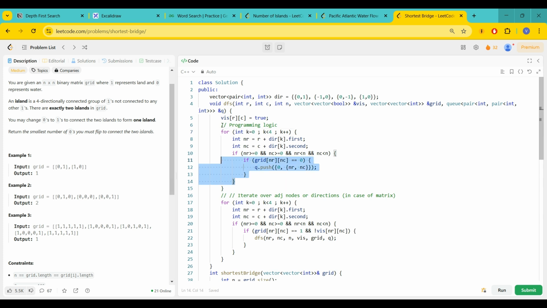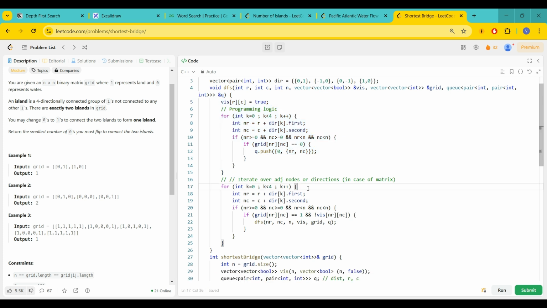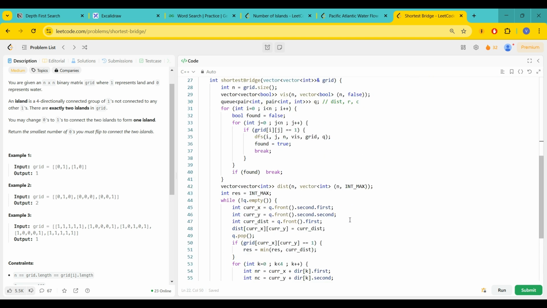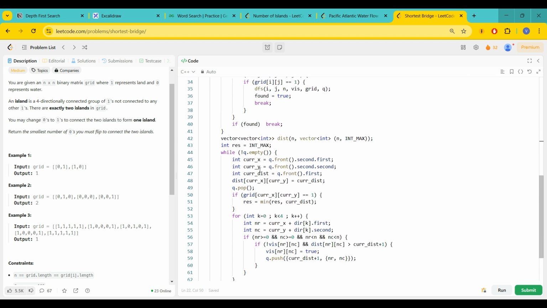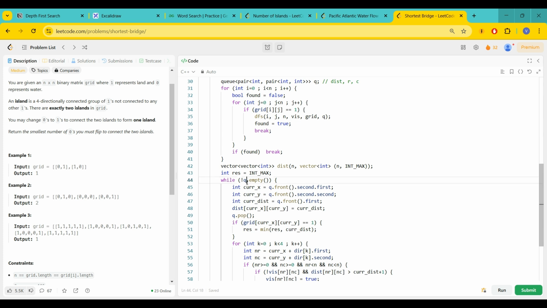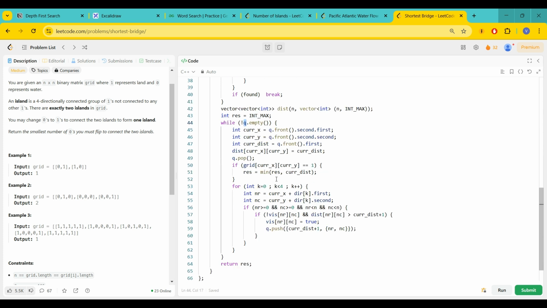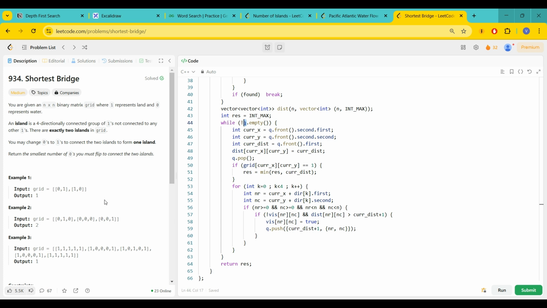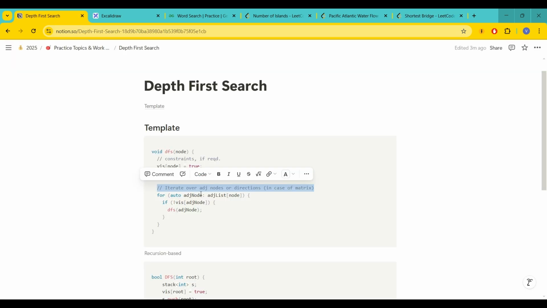And again, same criteria here: we are moving in all four directions, calculating the new row and new column. This is the basic DFS logic and this is the programming logic, and we calculate DFS. That's it. After we calculate DFS, we have the required inputs stored in this queue, and from this queue we carry out the further calculations, which are out of scope for this video.